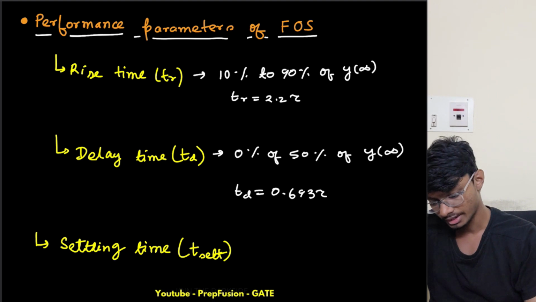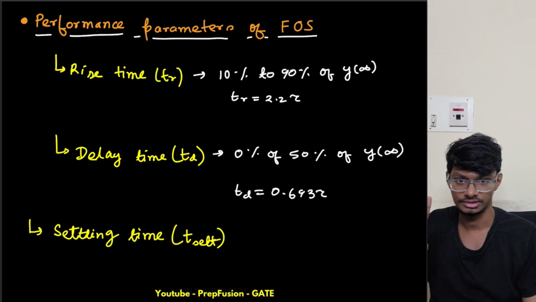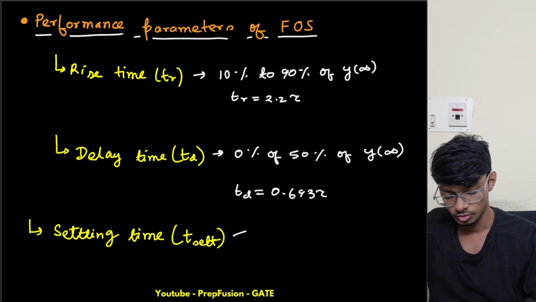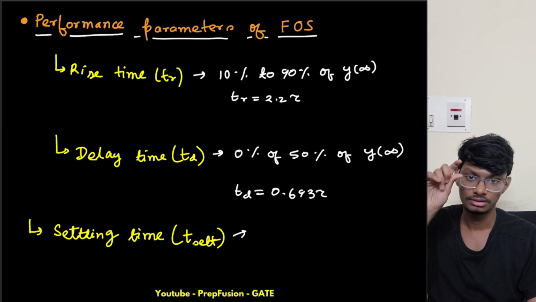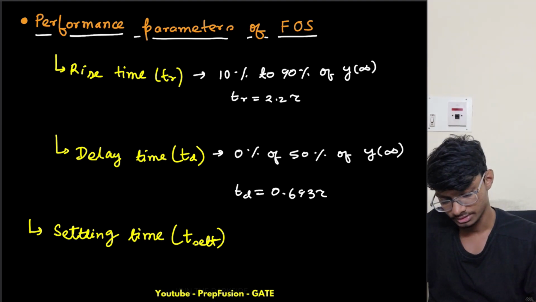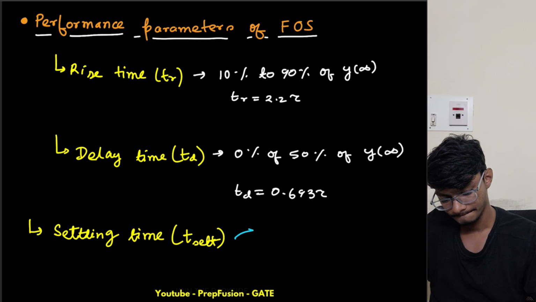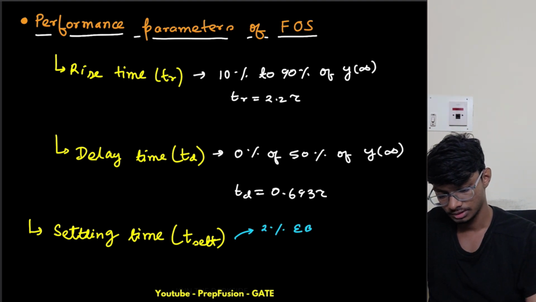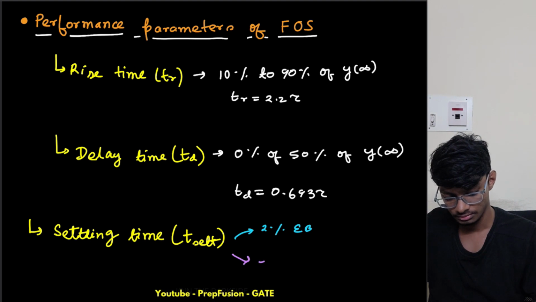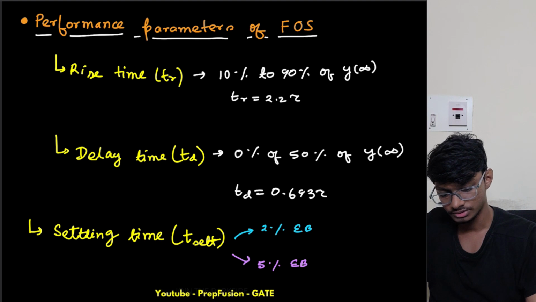Now settling time has two parts. One is for the 2% error band, one is for 5%. So 2% is basically within 2% of the steady state value. What is the 2% error band?